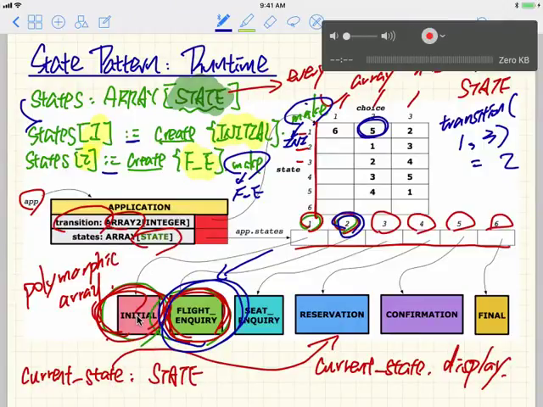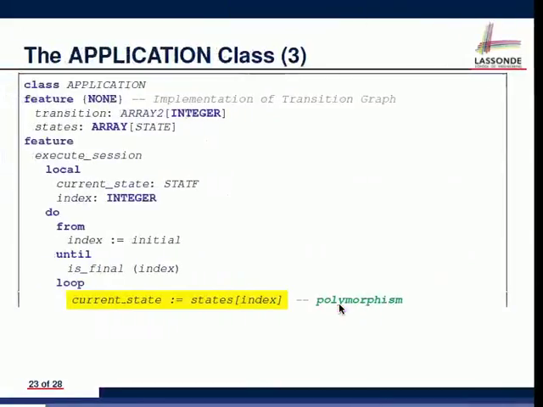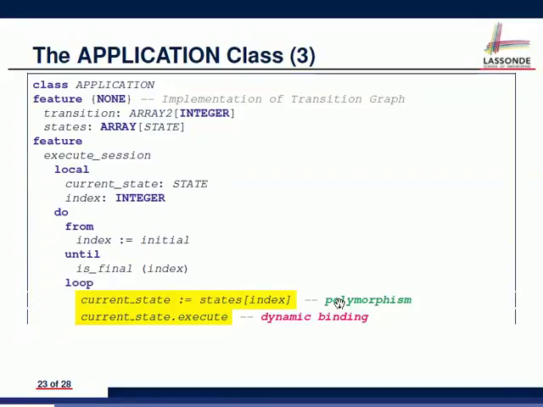In the case where the index is 4, the dynamic type will be reservation, etc. And also, dynamic binding is when you try to execute the state. That's the template pattern, remember? So you would say current state execute. Now, we'll be executing the same pattern that's defined in the state class, but now the features for each one of them will differ.